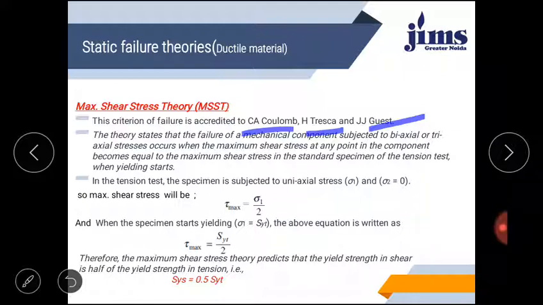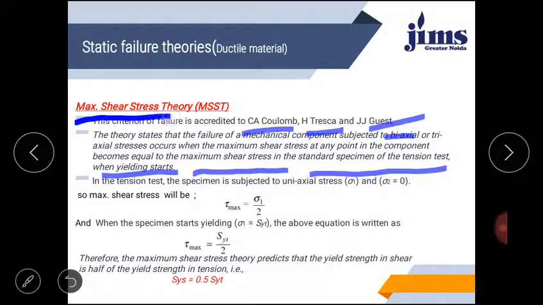The theory states that failure of a mechanical component subjected to biaxial or triaxial stresses occurs when the maximum shear stress at any point in the component becomes equal to the maximum shear stress in the standard specimen of the tension test when yielding starts. As the name suggests, pay attention to the title of this theory.